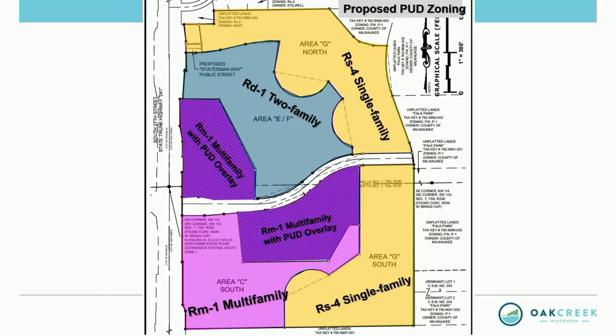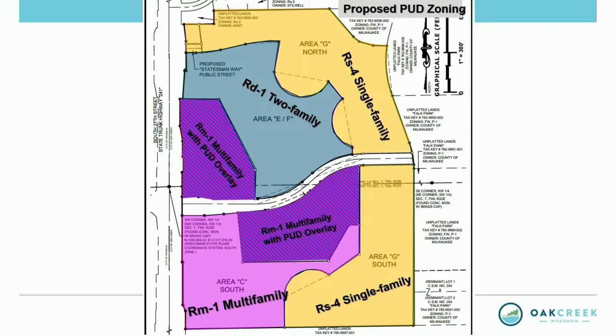Those are the 2 main reasons for the need for the PUD that's being requested. So the proposed zoning in the cream color area is going to be single family. The blue area was going to be the 2-family, like the fourplex condos and the 2-plex side-by-side condos. And then the purple areas are the multifamily. The 2 hatched areas are specifically the planned unit development overlays that we're discussing this evening.